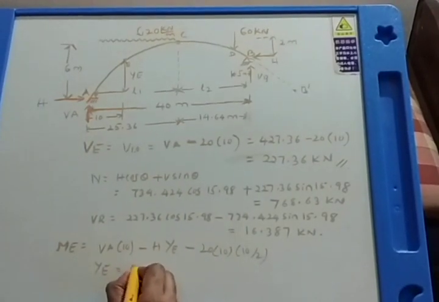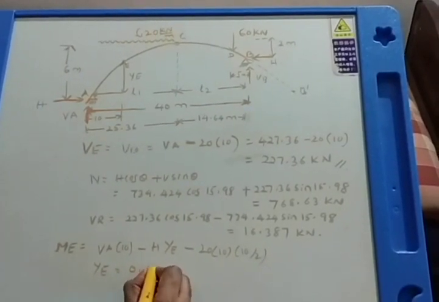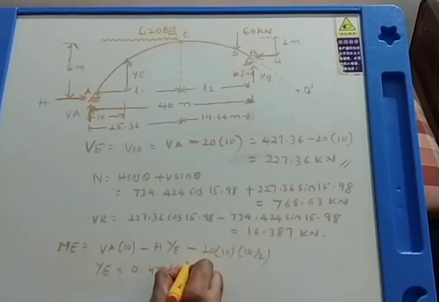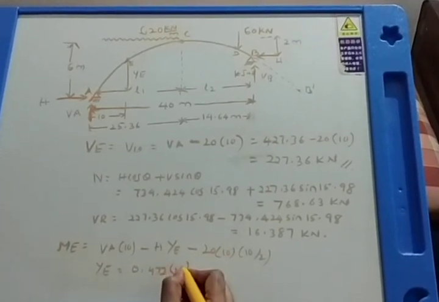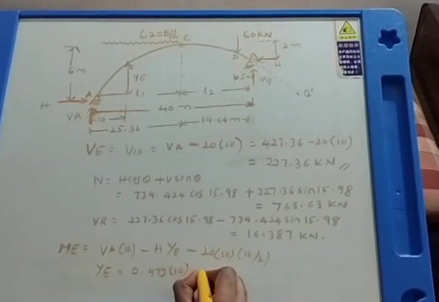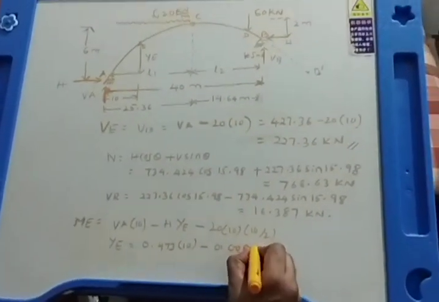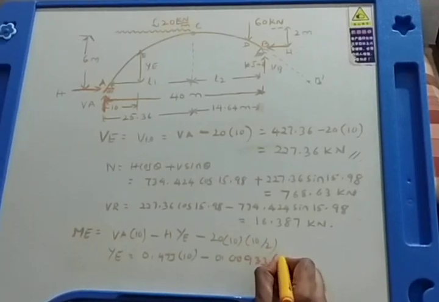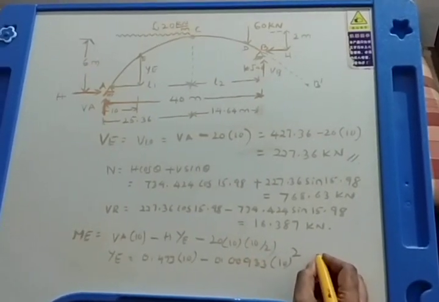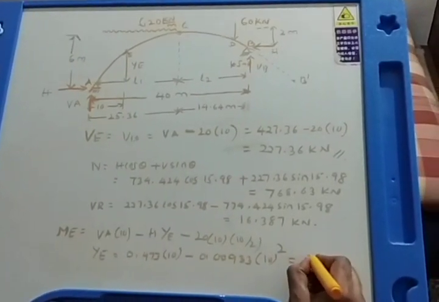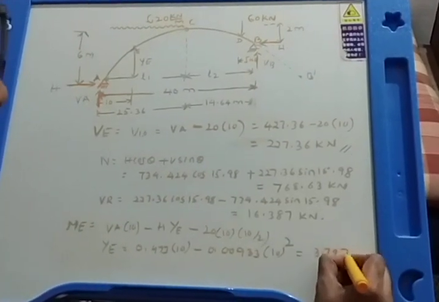YE becomes 0.473 into 10. You know already Y is equal to 0.473 into x minus 0.00933 into 10 square, that is x squared. So if you do the calculation, you are going to get the value of Y equal to 3.797 meter.